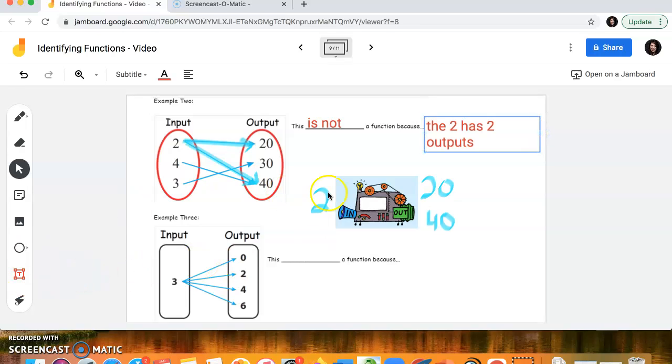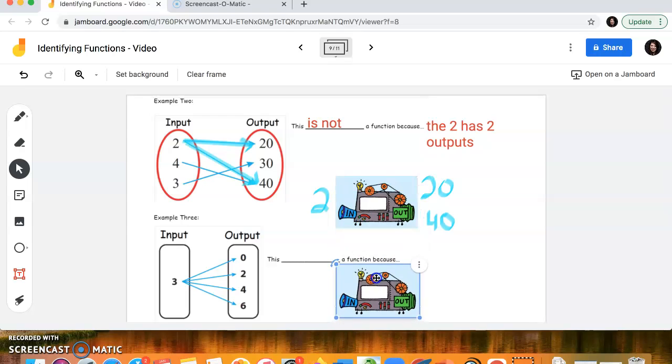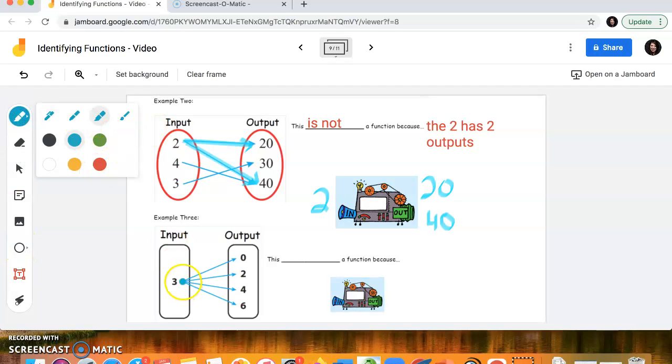Number 3 is pretty easy to tell as well. I'm going to try to put another function machine down here. So if we look at the number 3, look at all those outputs. It goes to the number 0, it goes to the number 2, it goes to the number 4, and it has an output of 6.